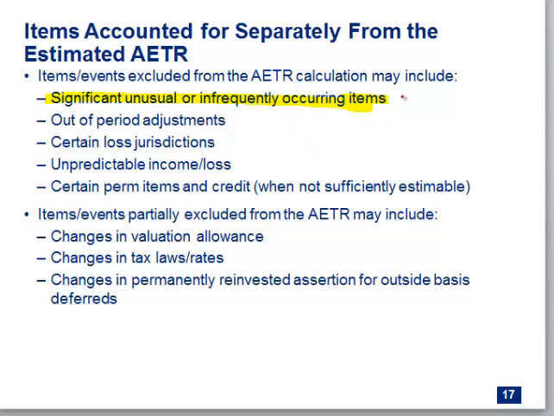Okay? And so this could be a divestiture. It could be restructuring. And some companies treat restructuring as ordinary because it happens so often. Other companies don't. This could be a goodwill impairment.